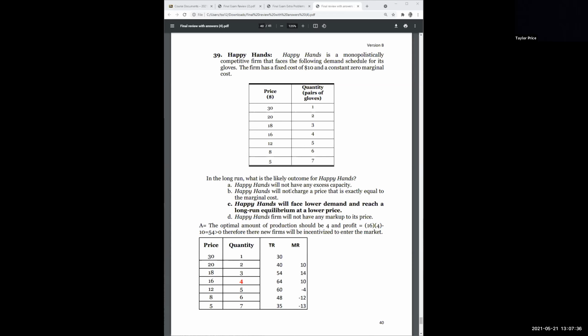Yeah, so there's a slight distinction there for monopolistic competition. Even though perfectly competitive firms charge P equals MC equals MR, for monopolistically competitive firms, even in the long run, they don't charge at that point. Even when they're not making profits, they're still not at the most efficient outcome.